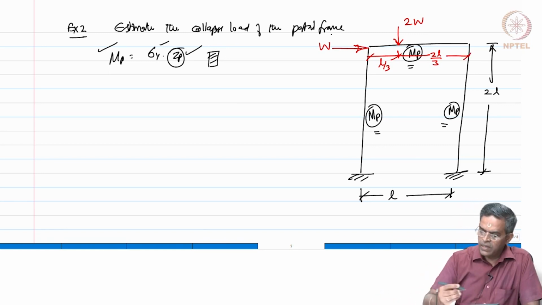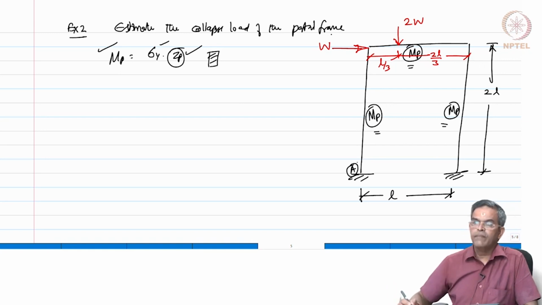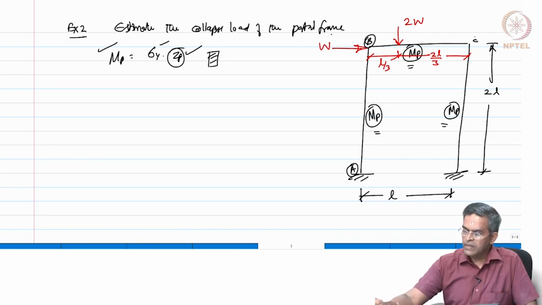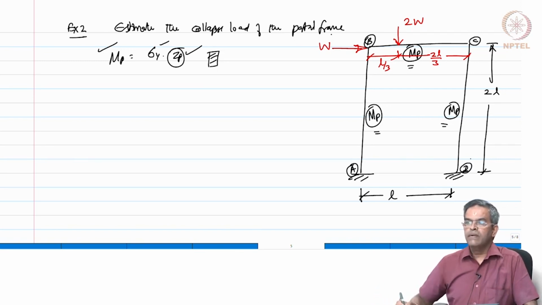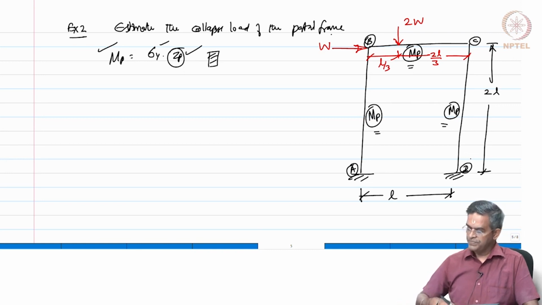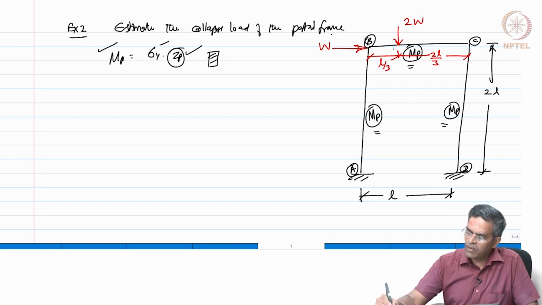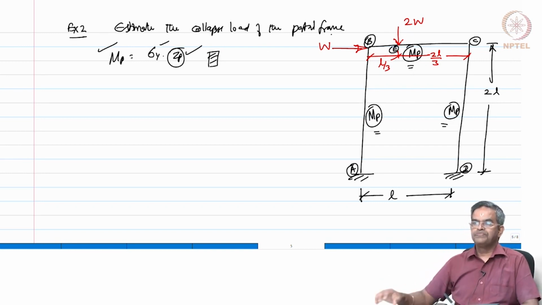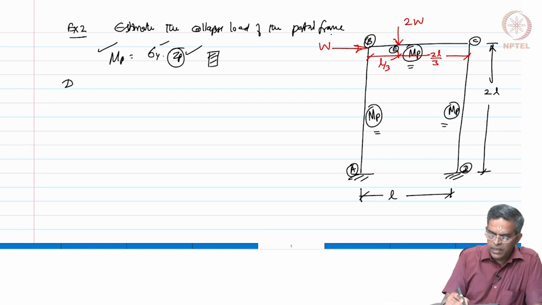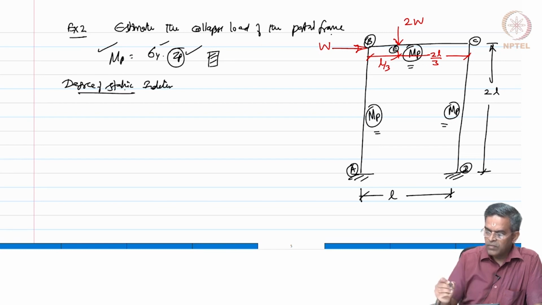Let us name these joints or nodes, this as A, this as B, this as C, this as D, and we call this point as E. Let us try to find out the degree of static indeterminacy for this frame.